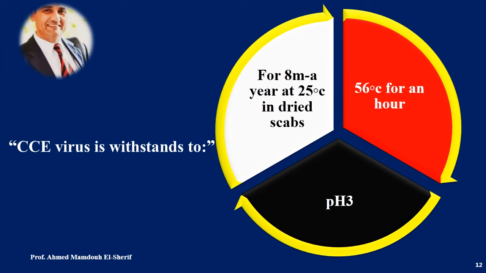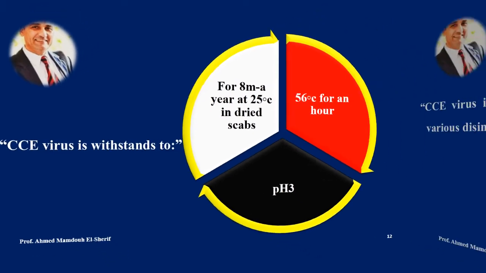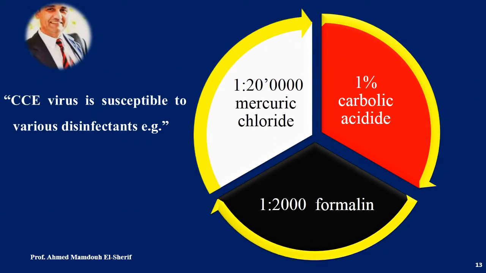CCE virus withstands 56 centigrade for an hour, pH 3, and survives from 8 months up to a year at 25 centigrade in dried scabs. CCE virus is susceptible to various disinfectants such as 1% carbolic acid, 1 to 2000 formalin, 1 to 20,000 mercuric chloride.